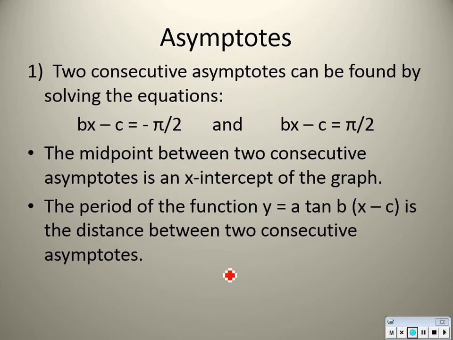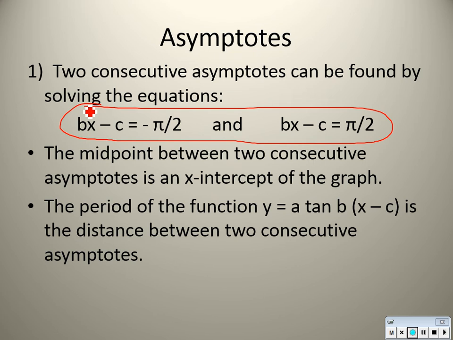Two consecutive asymptotes can be found on the tangent graph simply by solving these equations here. We have bx minus c equals negative pi over 2, and bx minus c equals pi over 2. And this could be plus or minus depending upon what we have there.